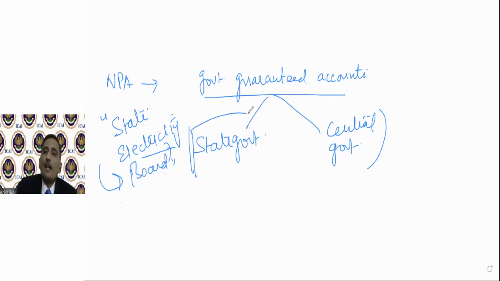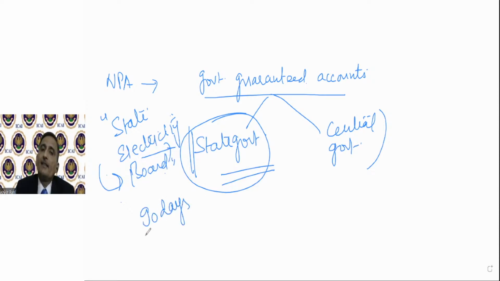So this account might be guaranteed by state government. So state government has given a guarantee in writing. Okay, but the account turns NPA. There is default of more than 90 days. Say the state electricity board has taken a term loan and the installments are not being paid for more than 90 days. Okay. Then for state government guaranteed accounts, there is no relaxation.